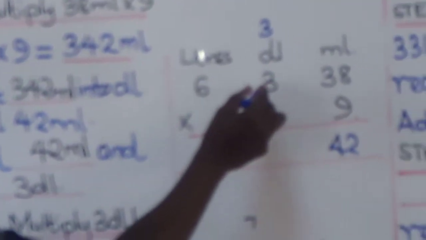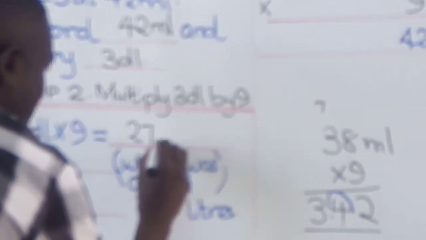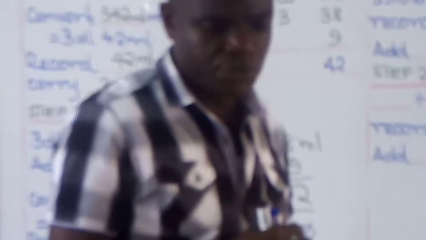And so we multiply 9 by 3 deciliters. When we multiply 9 by 3 deciliters, boys and girls, we get 27 deciliters. Now, remember, we had carried 3 deciliters, and so we add 3 to what we had.